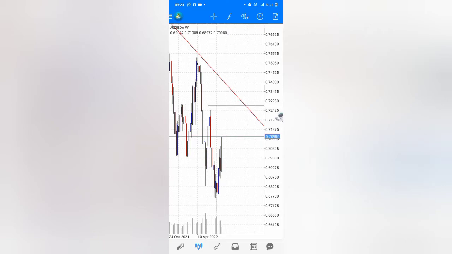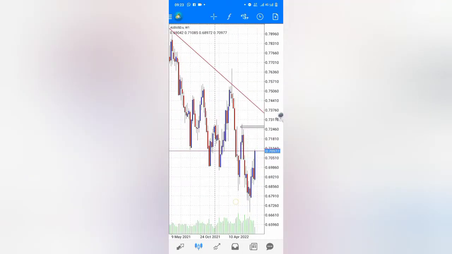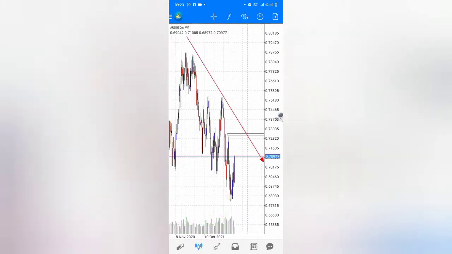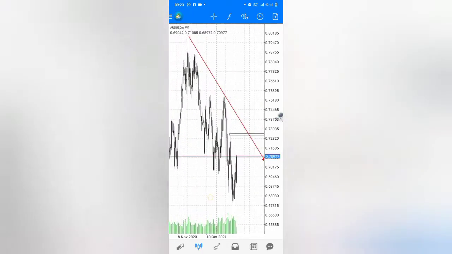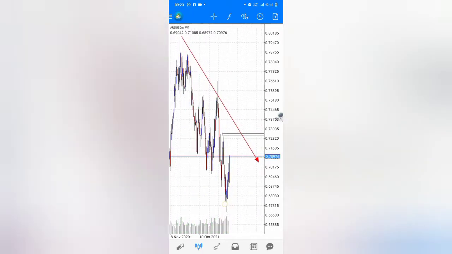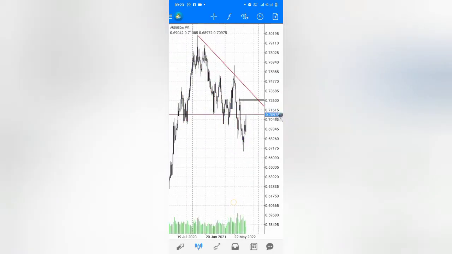But why was the major trend in the monthly time frame a downtrend? So you see, if I zoom out, if I zoom in, you see that the arrow I drew clearly shows the trend of the market. Do you understand? That is the trend in the market for now.